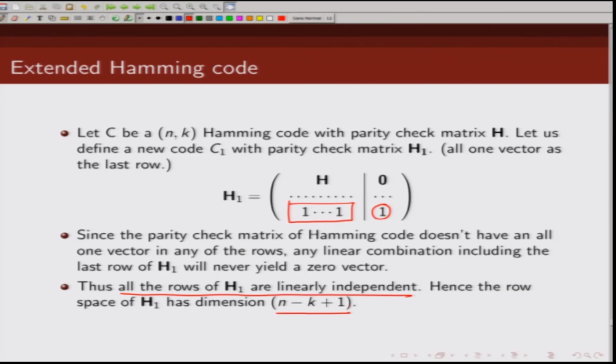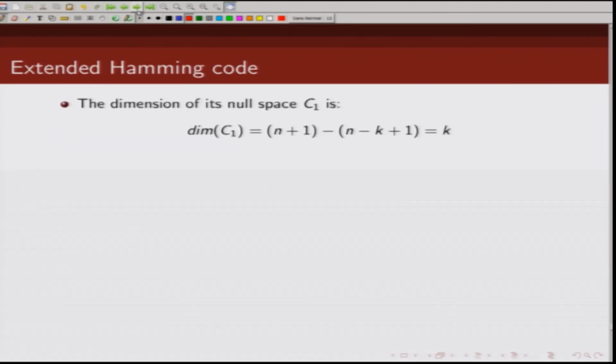And what is the number of columns? The original matrix had n columns, and we added one more column. So, the number of columns here is n plus 1. So, this will define a code of length n plus 1. So, then we can find out the dimension of the null space: this is the number of coded bits, this is the rank of the new parity check matrix.